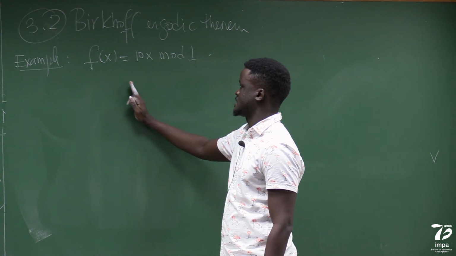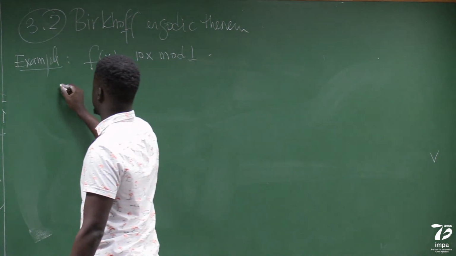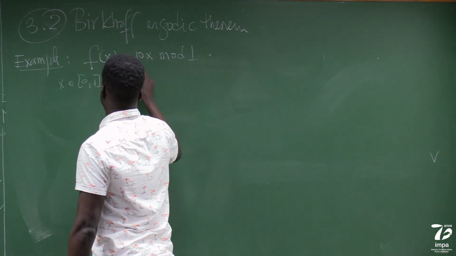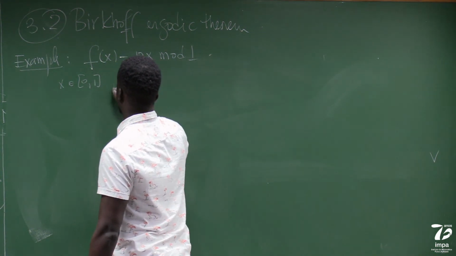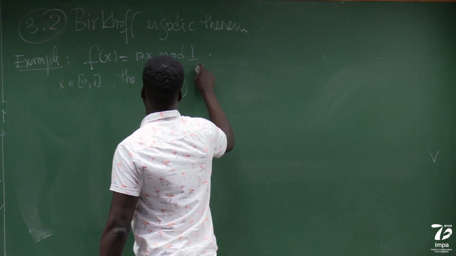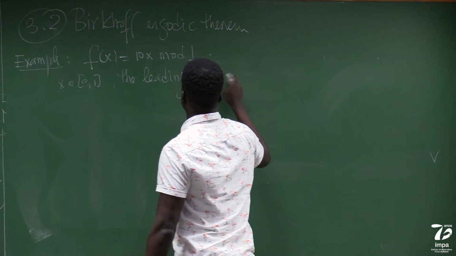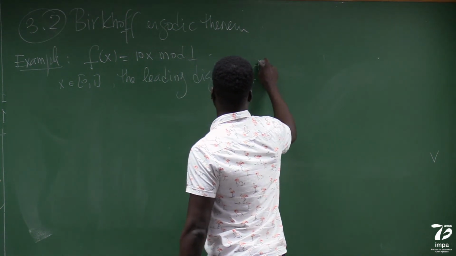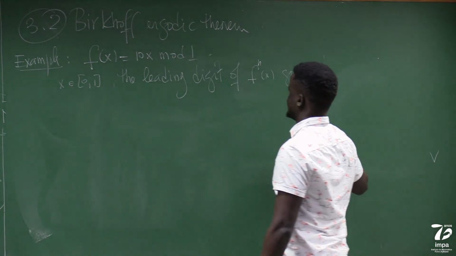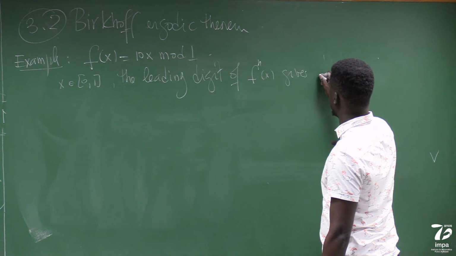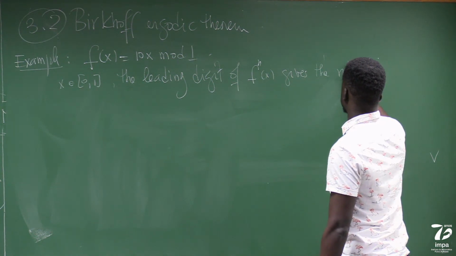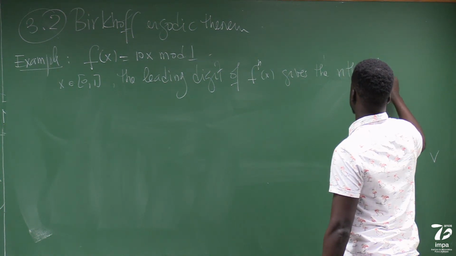So if you pick x in (0,1), the leading digit of f^n(x) gives the nth integer in the decimal expansion.